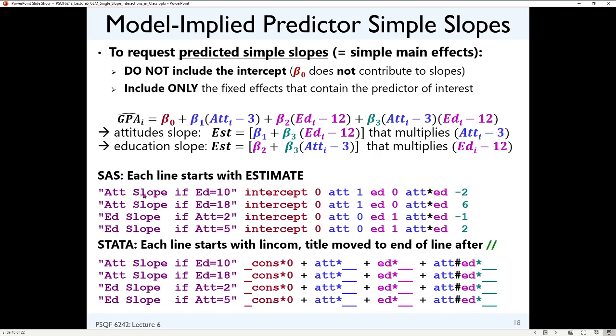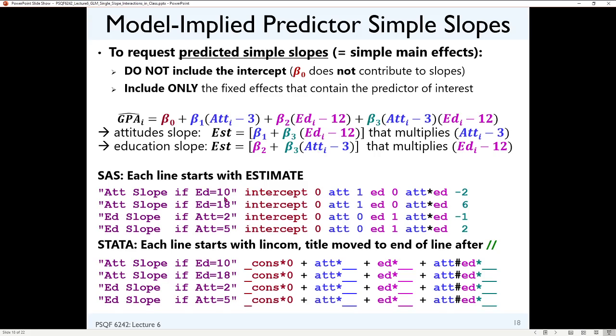If we want to know what the attitude slope is for somebody with education equals 10, we do not need the intercept, because beta 0 has nothing to do with attitudes. We do need one beta 1. We do not need any beta 2s. And the number of interaction terms we need is based on the value of the moderator, education.